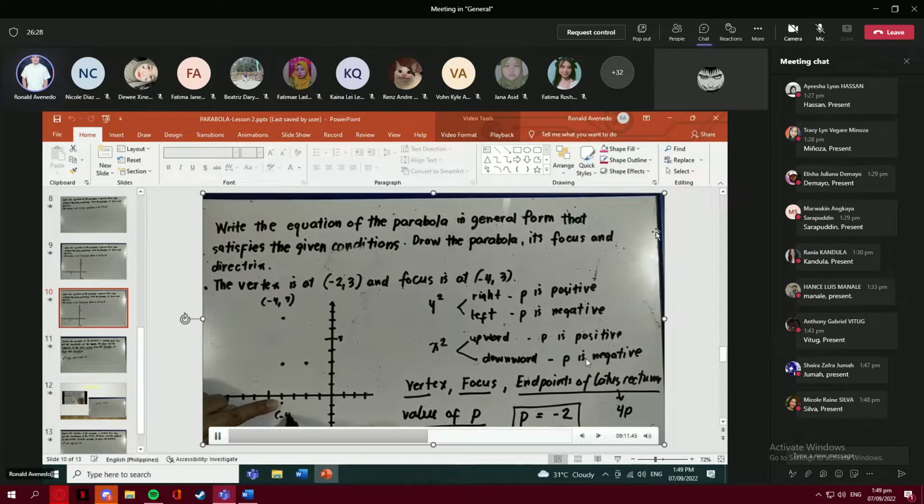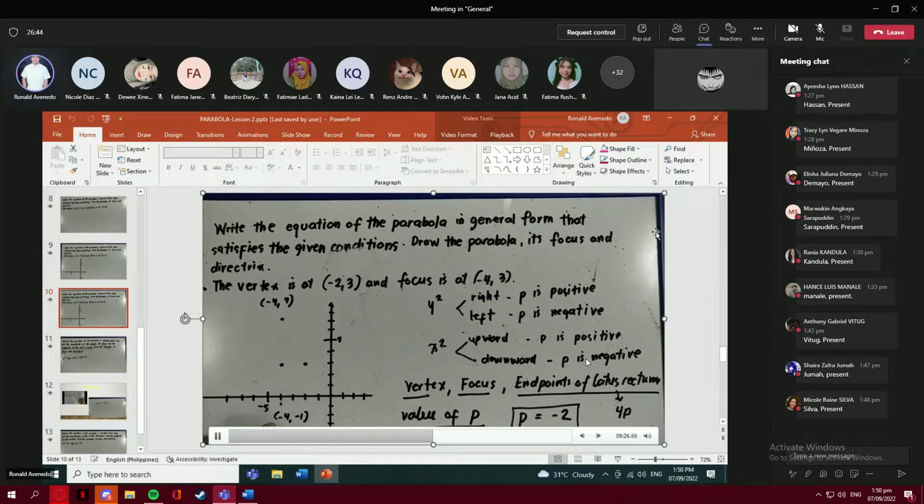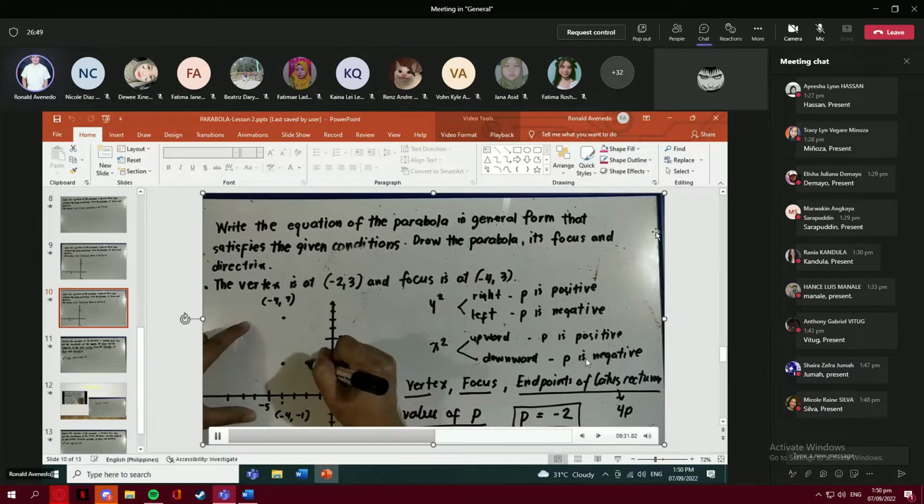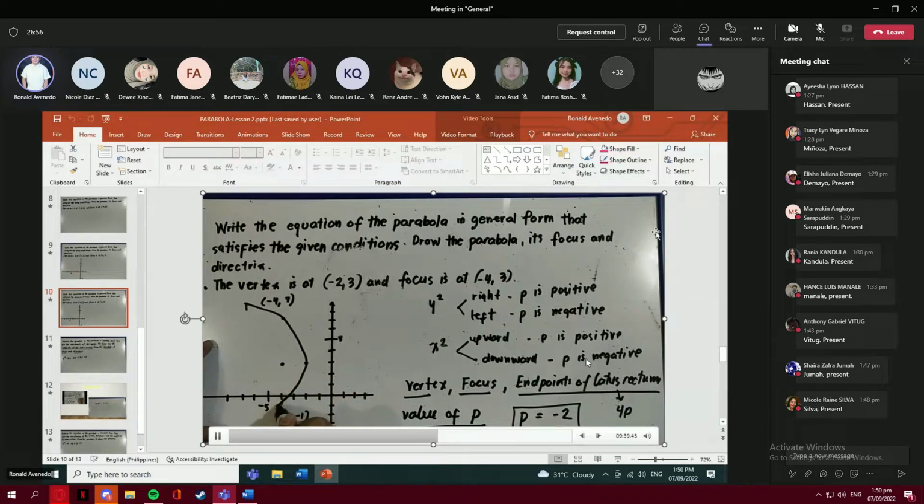This is negative 4. Then our y is negative 1. So the second endpoint, the coordinates are negative 4 and negative 1. So we can now connect this upward, then the other endpoint. So this is now the graph. Connect the two endpoints for the latus rectum.